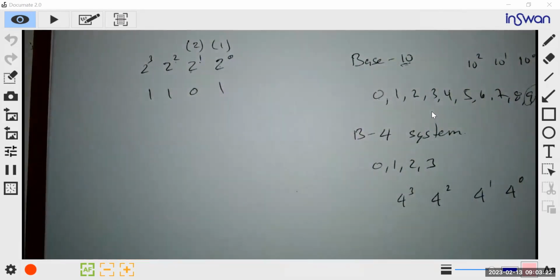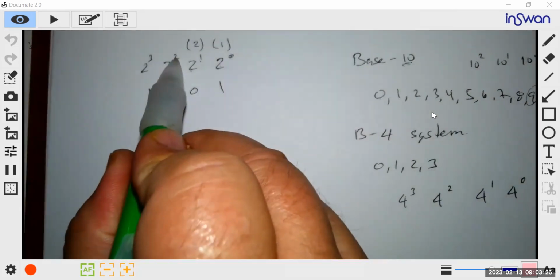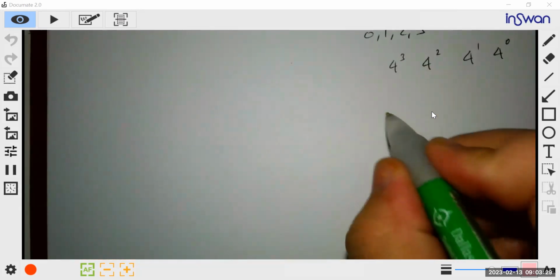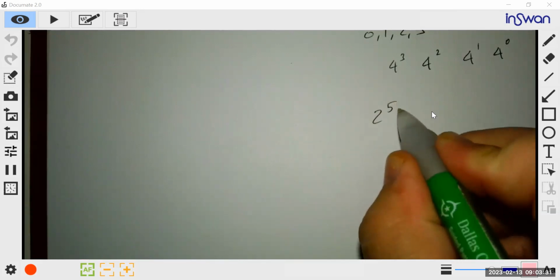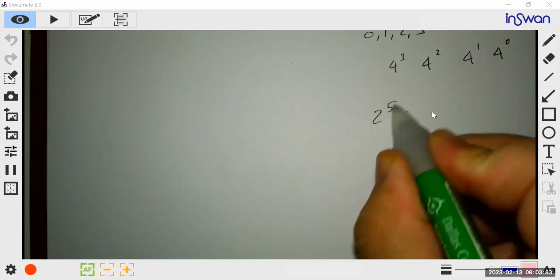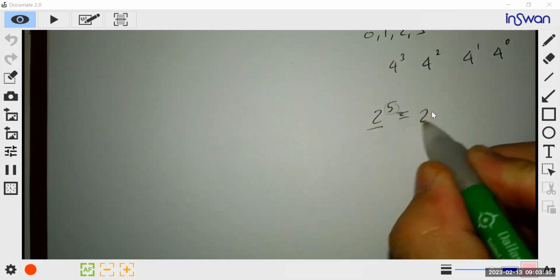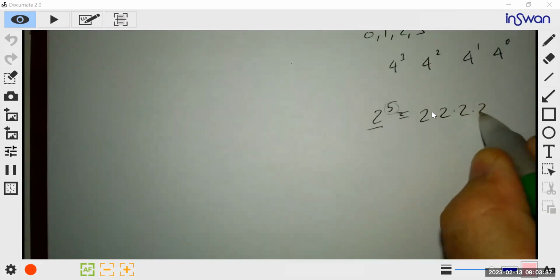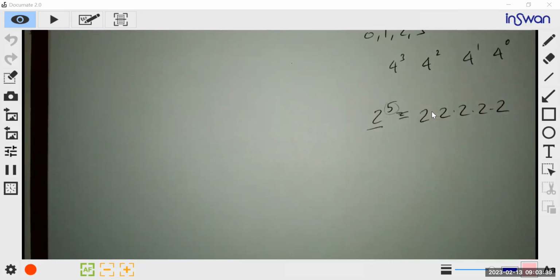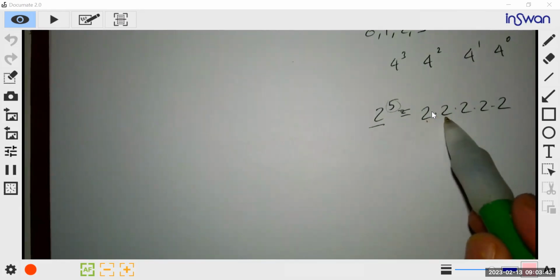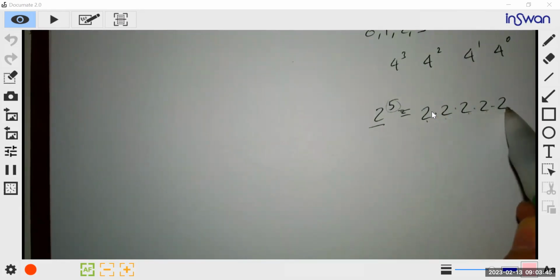What's 2 to the second power? The exponent tells us how many times do we multiply the base to itself. So we multiply it to itself 5 times. And it's not 2 times 5, it's 2 times 2 times 2 times 2 times 2.